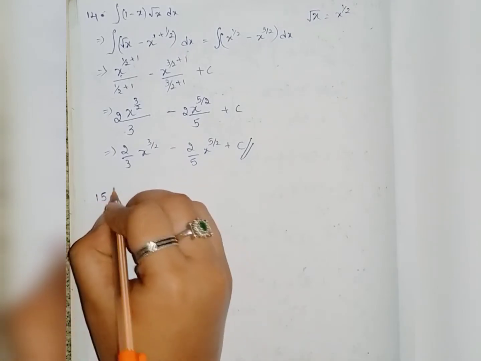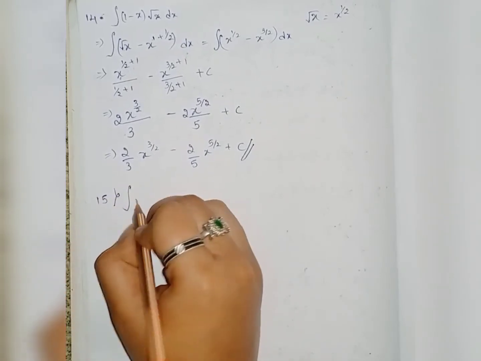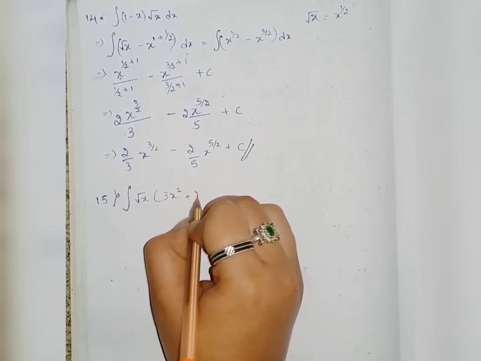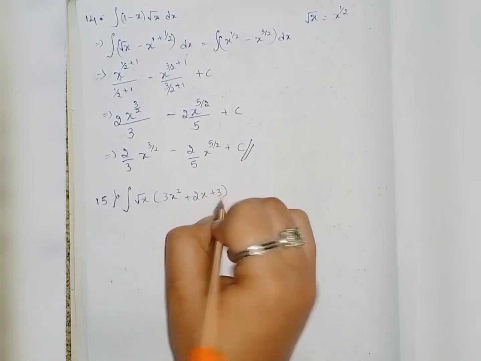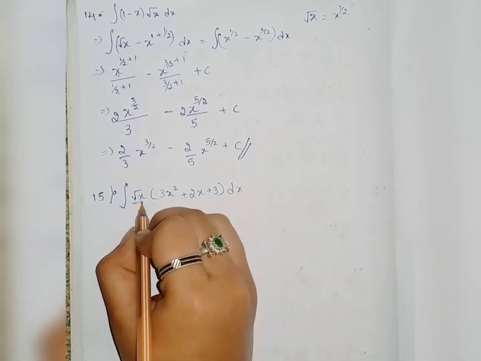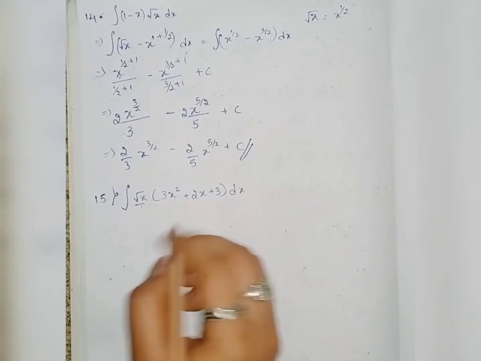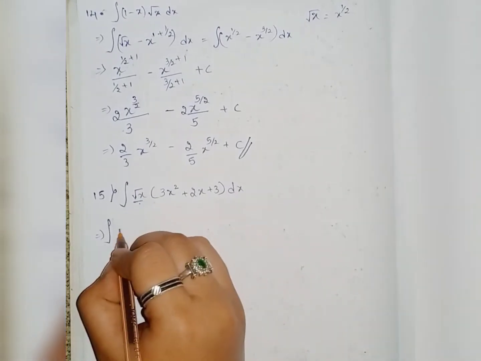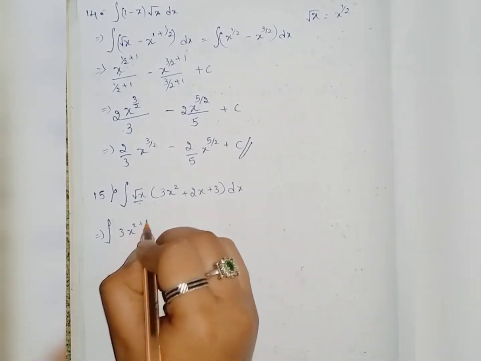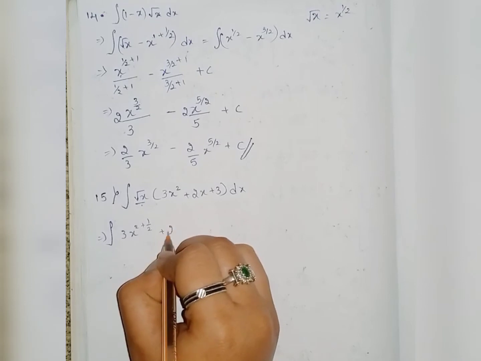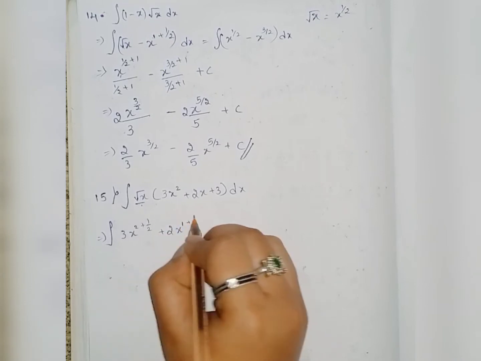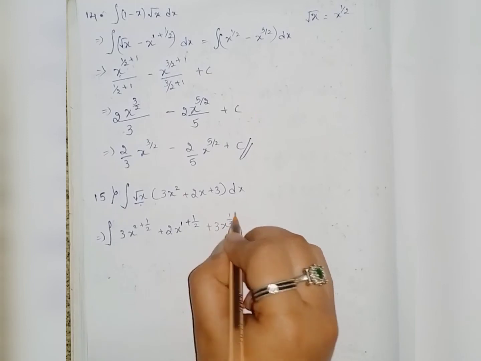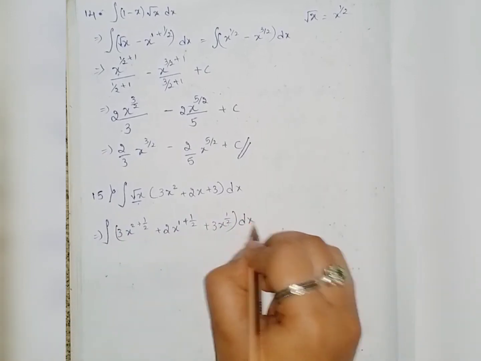And the next one is the 15th question, the integration of root x times (3x square plus 2x plus 3) dx. Multiply each term by root x, taking root x inside the bracket: 3x to the power 2 plus half, plus 2x to the power 1 plus half, plus 3x to the power half, the whole dx.